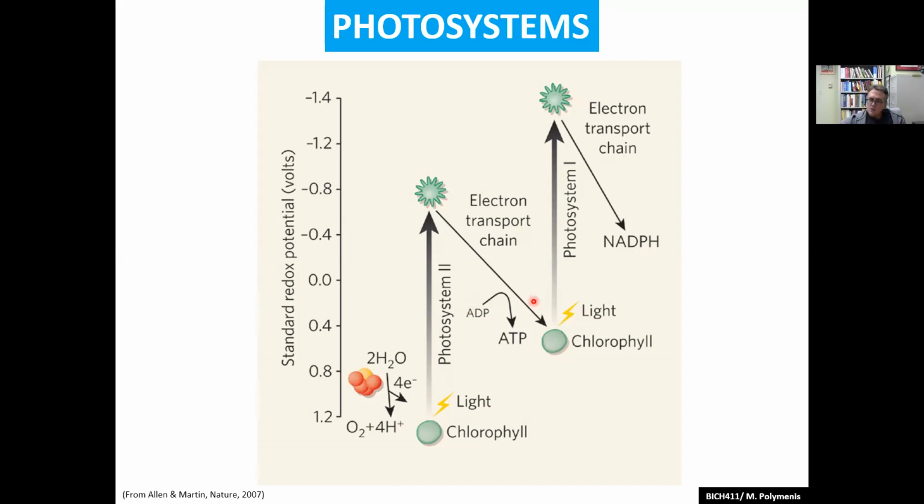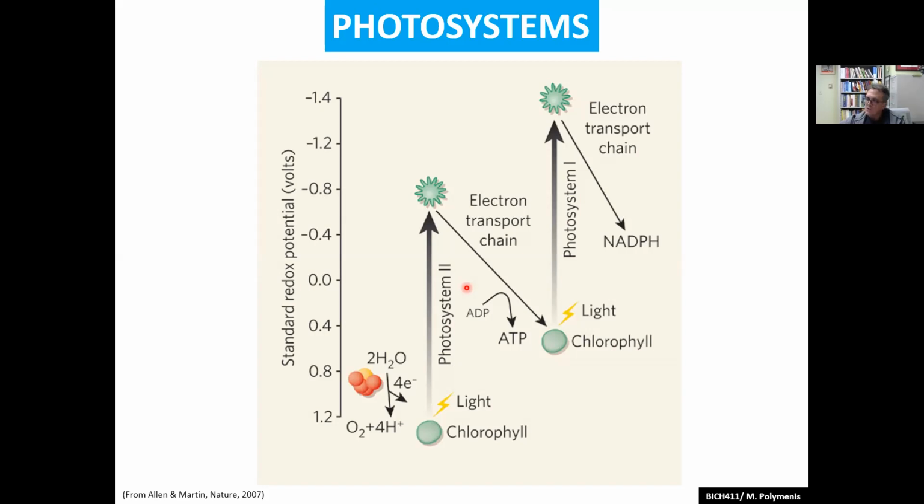Then a second flash of light on that chlorophyll molecule will take place, again raising the energy of that electron. It's a high energy electron, and it's going to go through another electron transport chain, and then it will find its way onto an NADP+ and pick up another proton and become an NADPH. So it's 2 different photosystems.